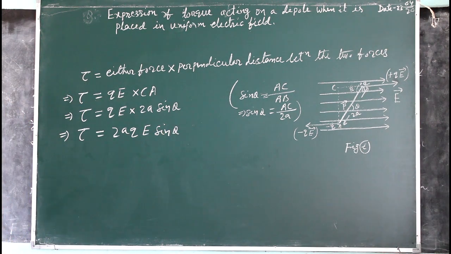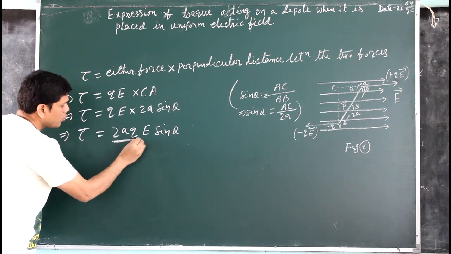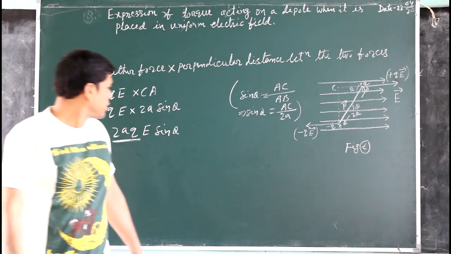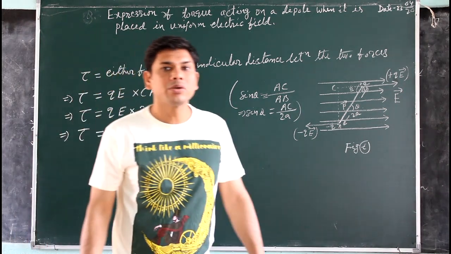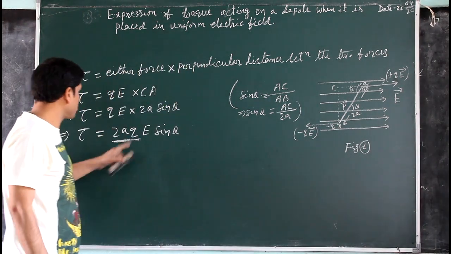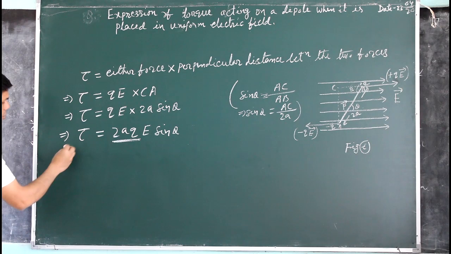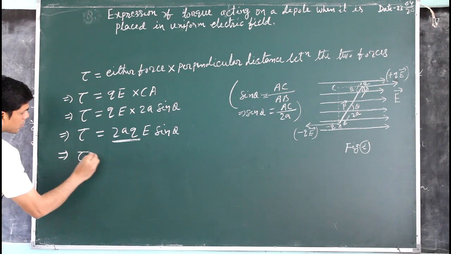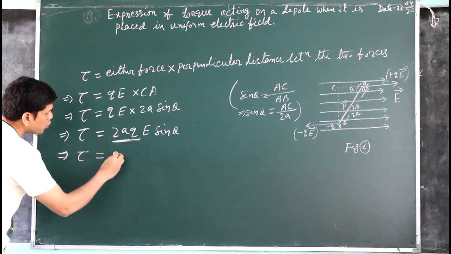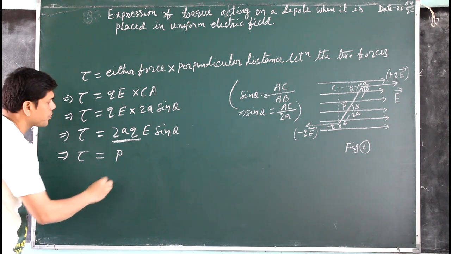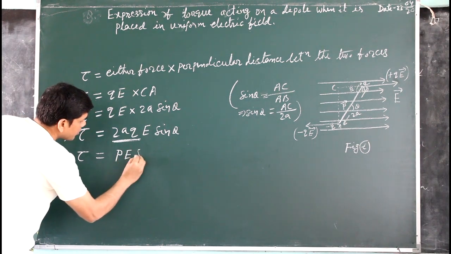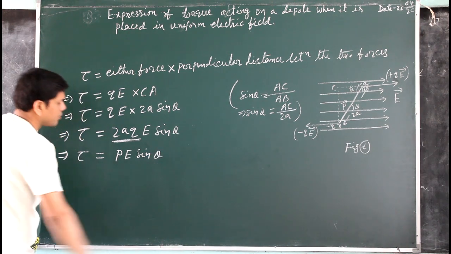Now this 2AQ is what? You know that it is the magnitude of the dipole moment. So in place of 2AQ we can write P. So tau equals PE sin theta.